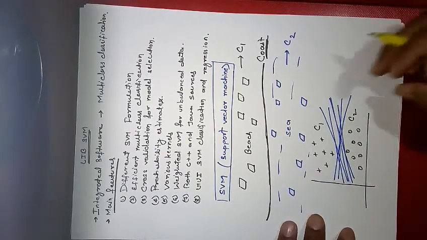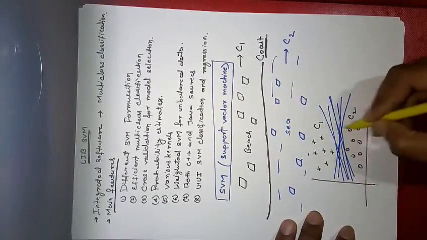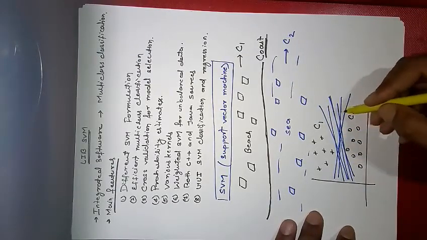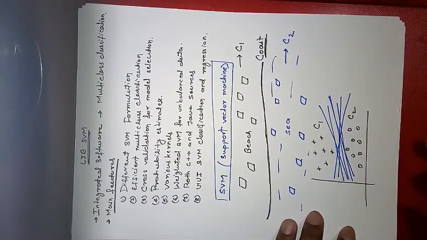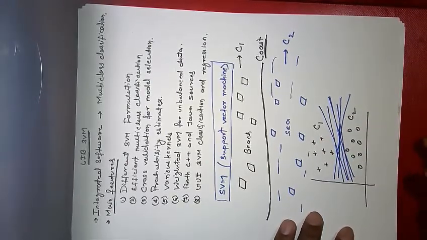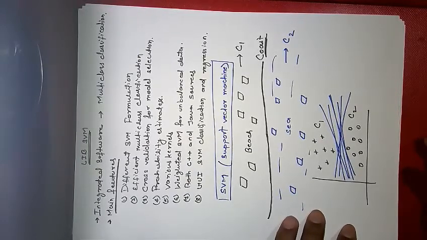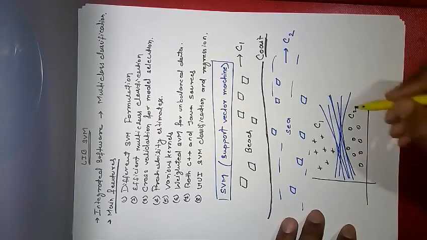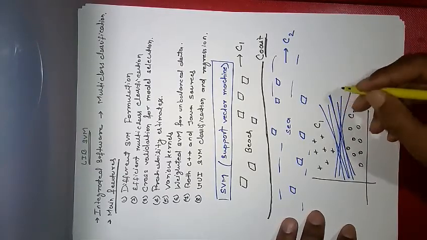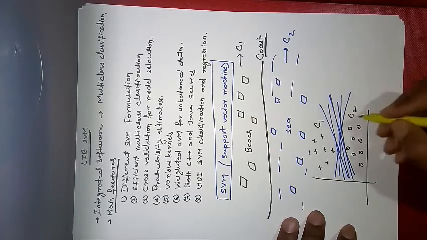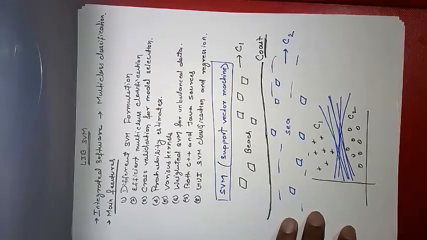So in this particular area there might be various straight lines that can classify the two objects, but the situation is we have to take the best separable straight line, the straight line which is most suitable for the classification of these two objects.